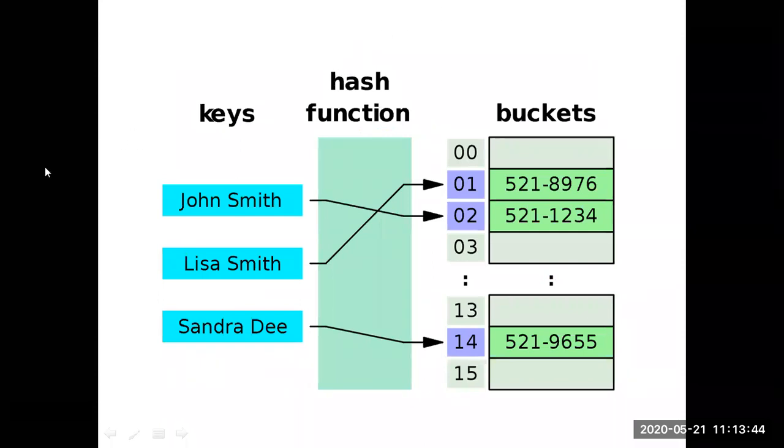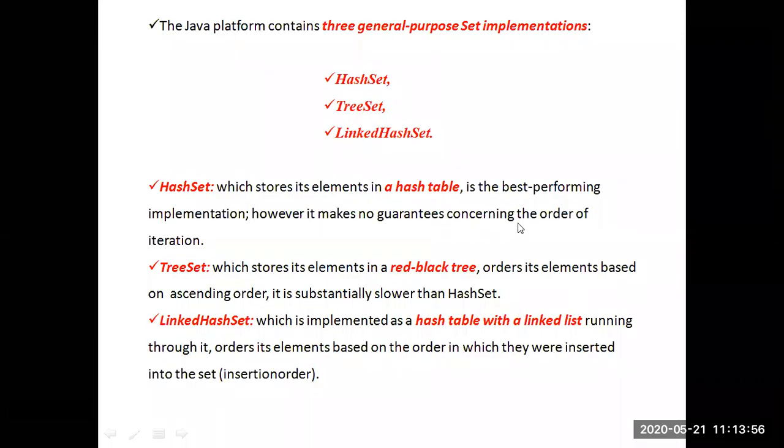So there is no guarantee that all the elements will be sorted in ascending order or stored in the order we have given. Based on that hash function only, the order of elements will be decided. When we create a set using HashSet, there is no guarantee of the order of elements.